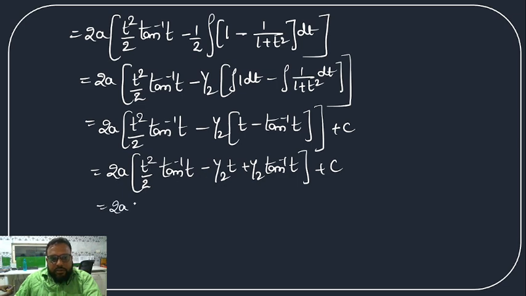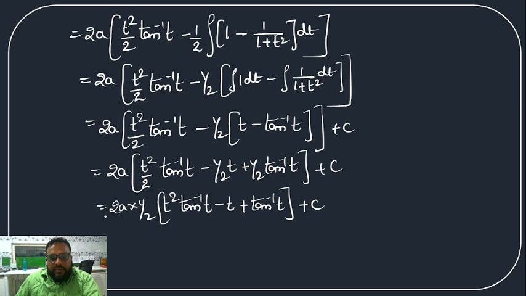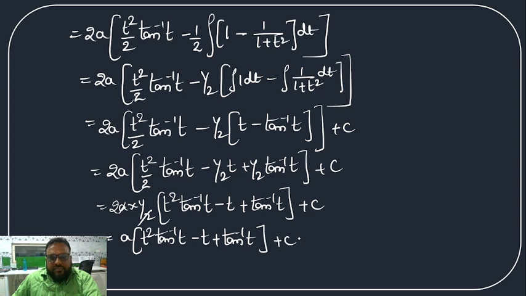Okay, I will write this step. 2a into 1 by 2 t square tan inverse t minus t plus tan inverse t plus c. So this 2 and this 2 get cancelled. So I am left with a into t square tan inverse t minus t plus tan inverse t plus c.